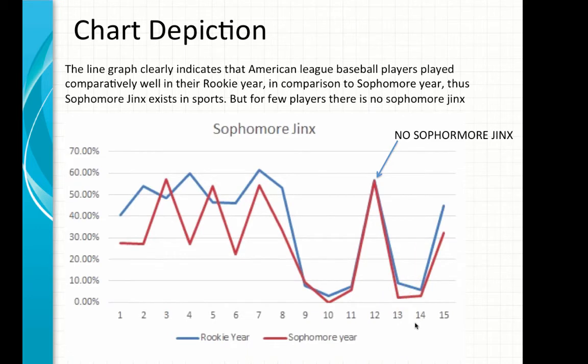It is very easy to see that the blue line is for the rookie year, the first year, and the red line is for the sophomore year. So there is a clear view of concluding that players performed well in the first year rather than in the second year. But there is no sophomore jinx for a few players.